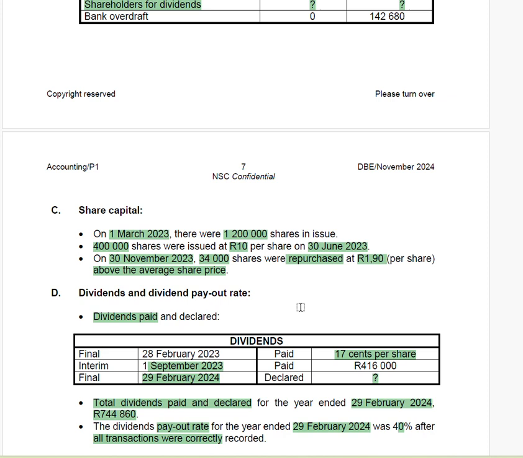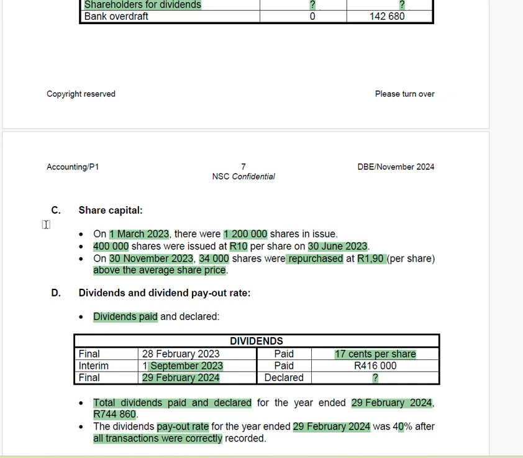So the statement of cash flow looks at only the cash receipts as well as the cash payments. So everything that is going into the statement has to be something that was actually paid during the year, or something that we have received during the year. So that is an important thing that we need to understand.